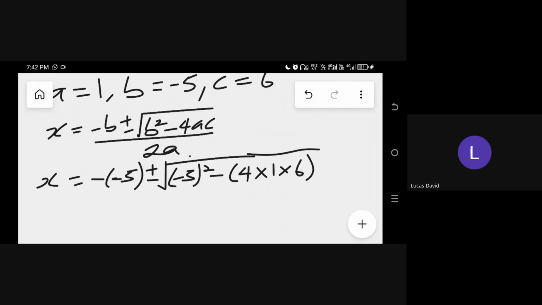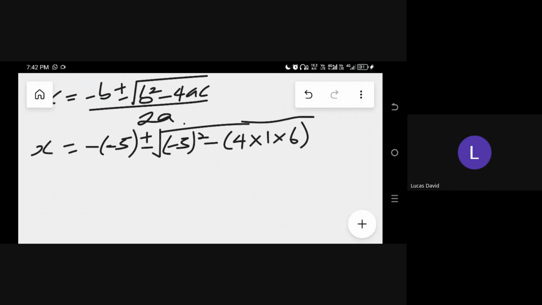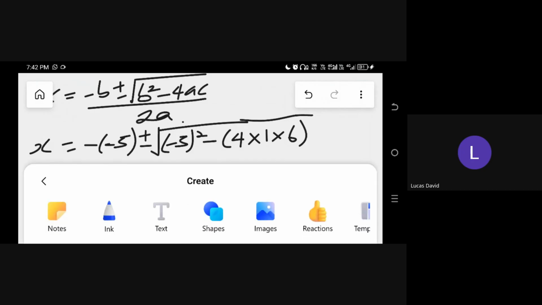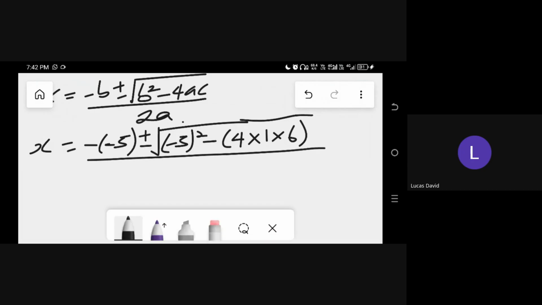So you see there minus B, that's minus bracket minus 5 plus or minus square root of B square, so minus 5 square minus 4AC, that's 4 times 1 times 6 there. Then all over 2A, so all over 2 times 1.